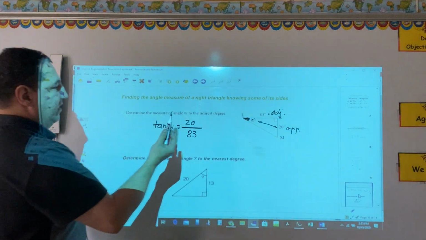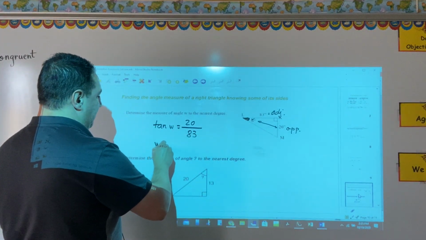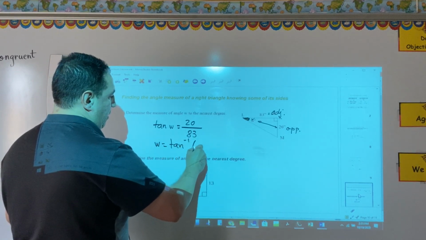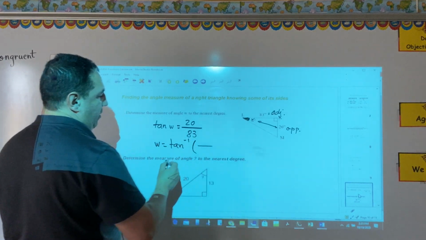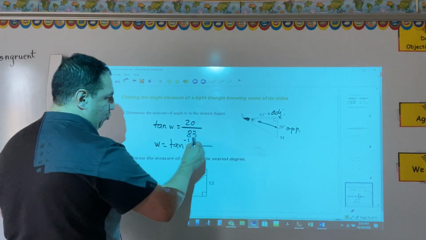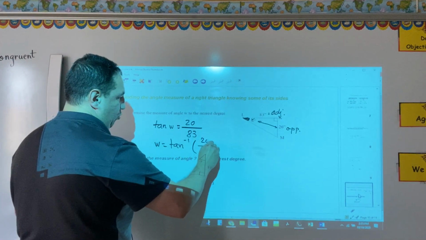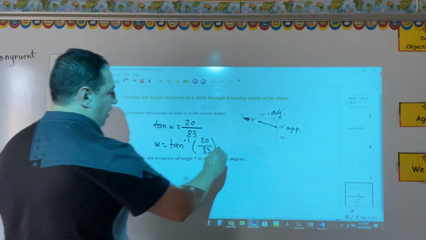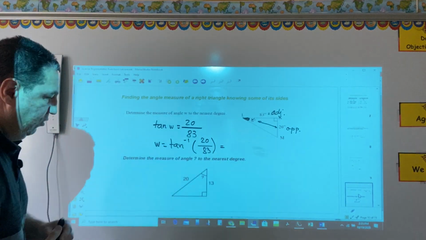Again, to find W, we use the inverse of tangent. And the inverse is applied to the side ratio, which is 20 over 83. So let's find the measure of angle W.